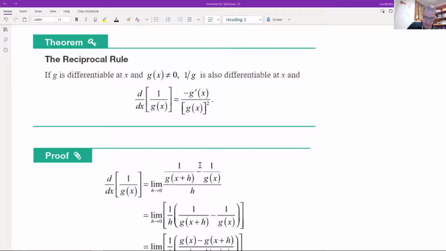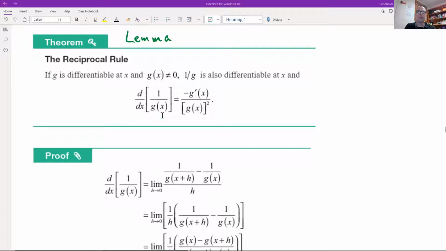Okay, so before we get to the quotient rule, this part is called the reciprocal rule, and I would call this thing a lemma. A lemma is a thing in mathematics that's like a little theorem, but a little theorem proven so that when you get to prove the larger theorem, your job is easier. So this is like a stepping stone.